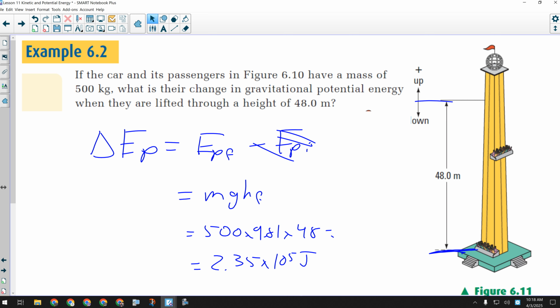It's a lot because it's a lot of mass, and it's 48 meters, so it's pretty high. Everybody okay with that one? Nothing too mathematically taxing there.